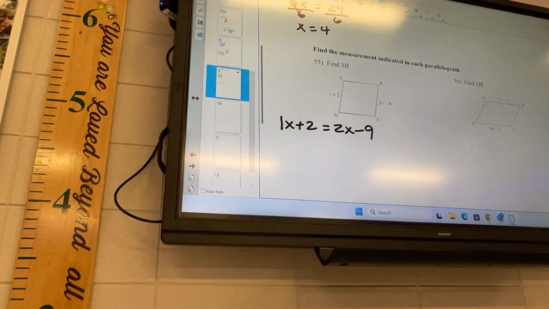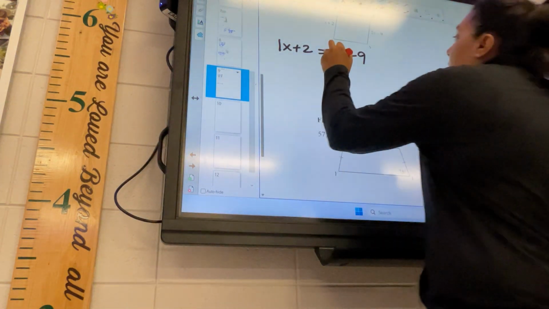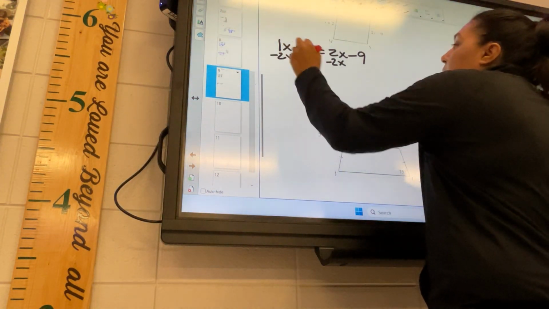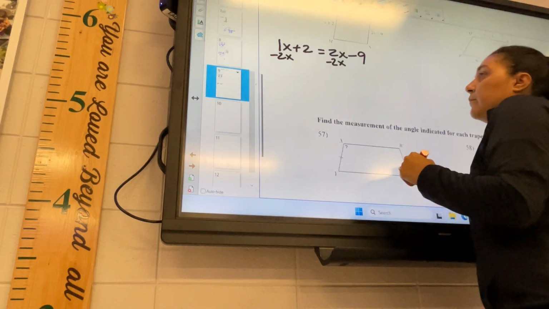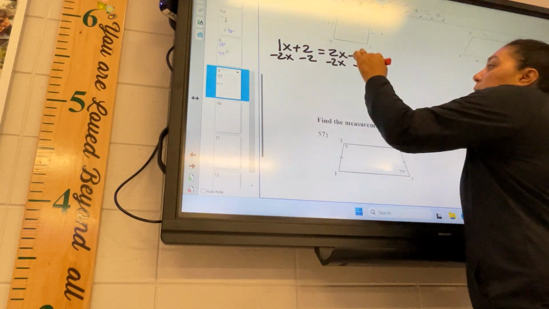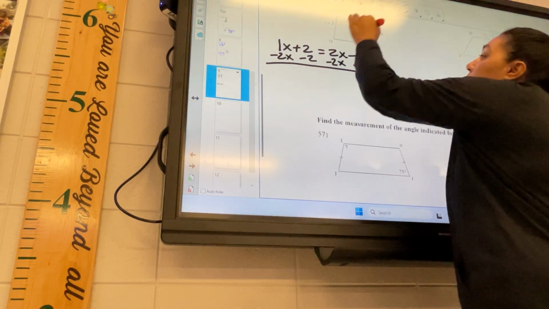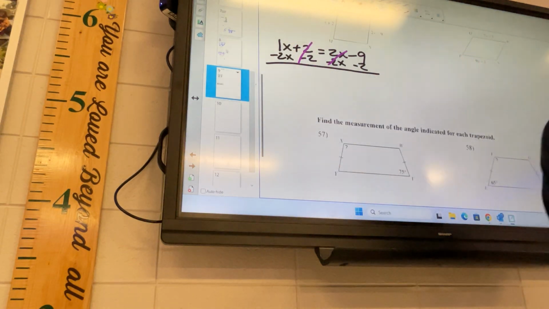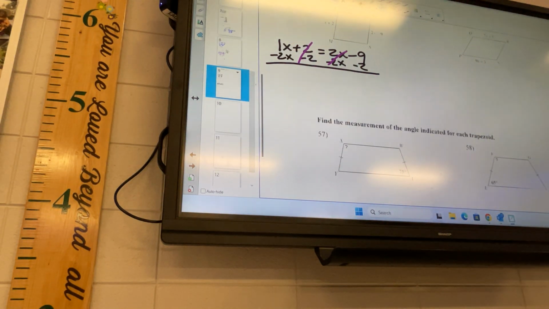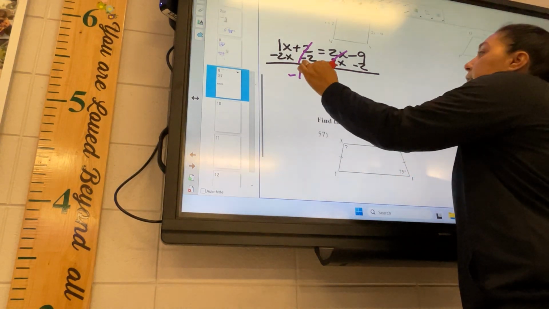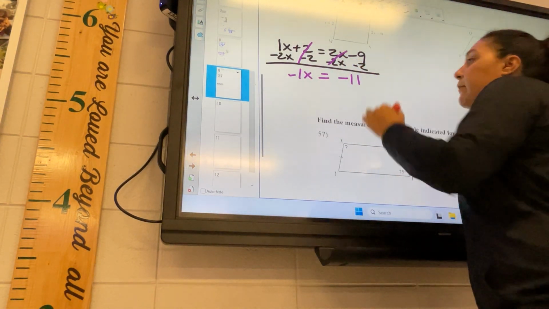Okay, you're going to move your letters to the left and the numbers to the right. Who needs moved? 2X, good. Who else? The 2. Okay, 1 minus 2, negative 1X, and then negative 9 minus 2 is negative 11.